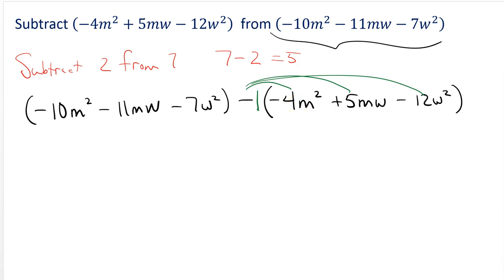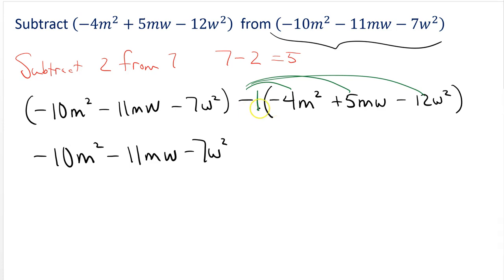So the next line I'm going to write as negative 10m squared minus 11mw minus 7w squared. And actually, that first parentheses there, I don't have to have those anymore. Now this negative 1 I'm going to distribute inside, and when I do that, I definitely don't have that second set of parentheses.